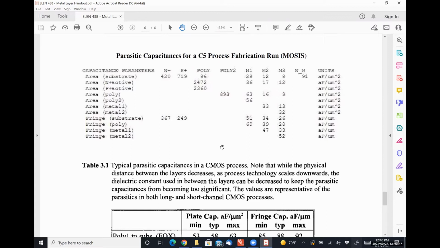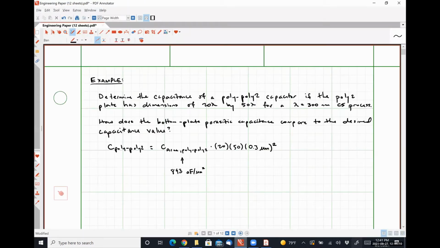So much so that the fringe effects are either too difficult to measure, which probably means they're too small to matter. That's the logic I'm going to go with for why we don't have to include fringe effects for these. But I honestly don't know the exact answer. I just know the data isn't provided in any textbooks or in the actual data provided by a fabrication run.